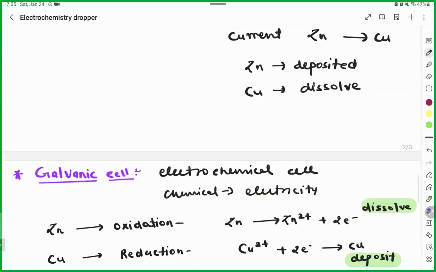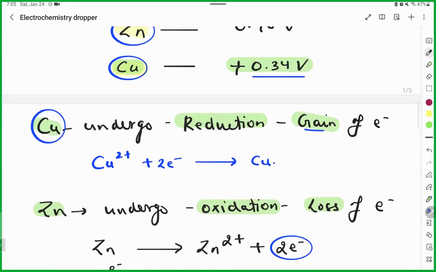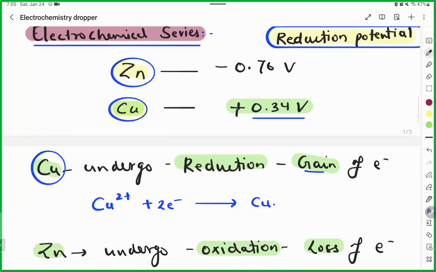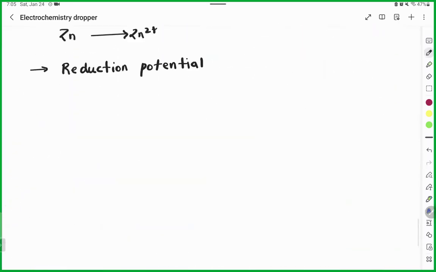For example, I told you the reduction potential of copper is plus 0.34 volt and zinc is minus 0.76 volt. So we are talking only about reduction potential for both the elements. Most of the time you will have reduction potential.